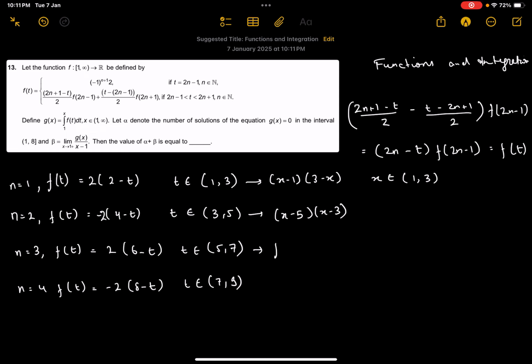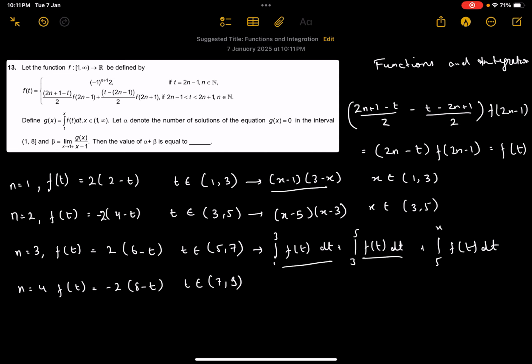Again this will become the integral from 1 to 3 of f(t) dt plus 3 to 5 of f(t) plus 5 to x of f(t) dt. Again this definite integral is given by this, so both of them will be 0, so we can ignore these. Let's evaluate this.